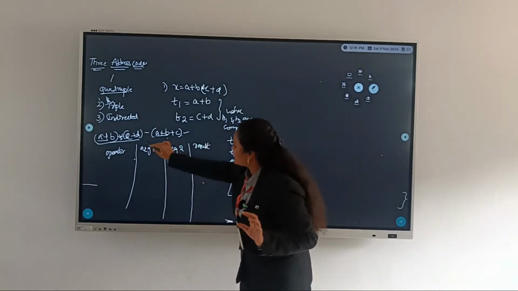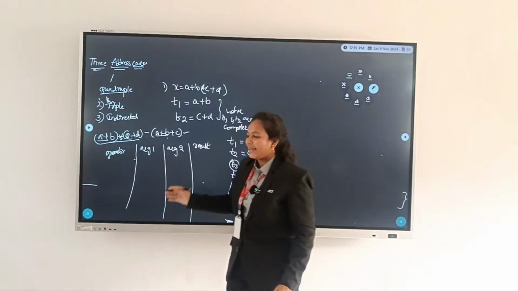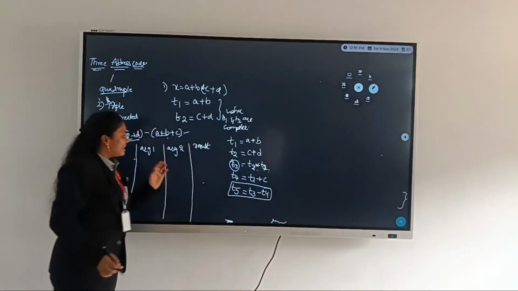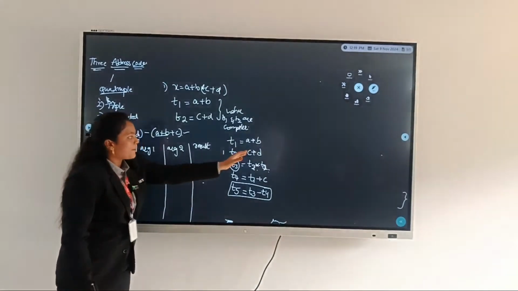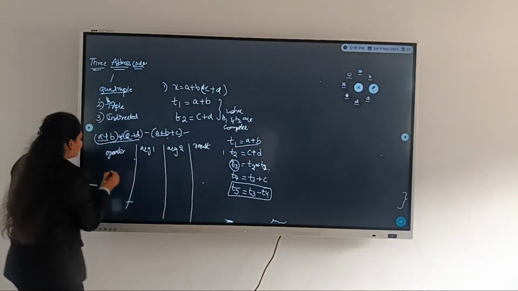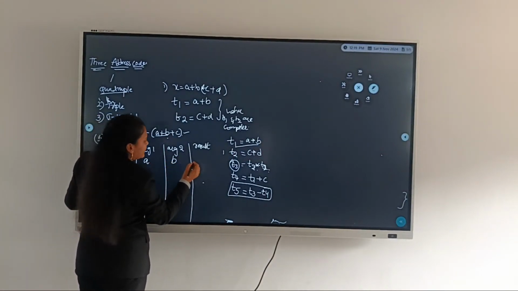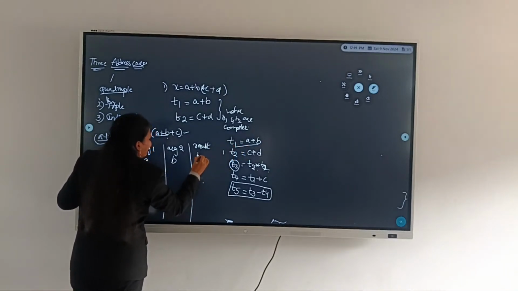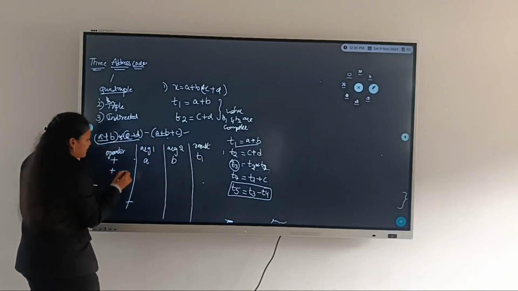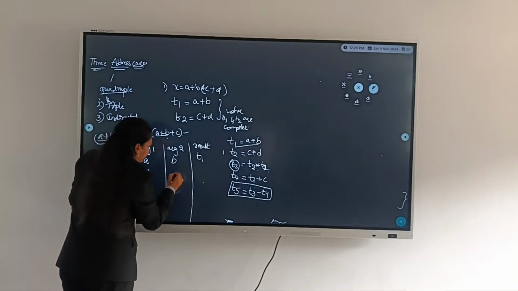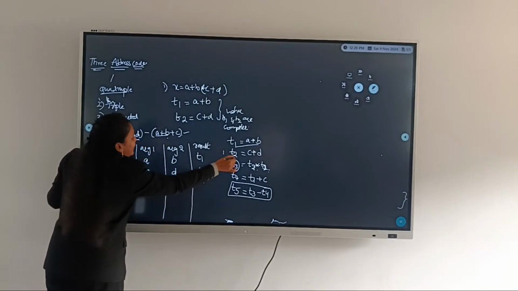I convert this expression into several temporary blocks for the convenience of the compiler, which converts the temporary blocks into a symbol table. Coming to the operators, in the first one plus is the operator, argument 1 will be A, argument 2 will be B, and the result will be T1. In the second one, operator plus, arguments C, D, its result will be T2.